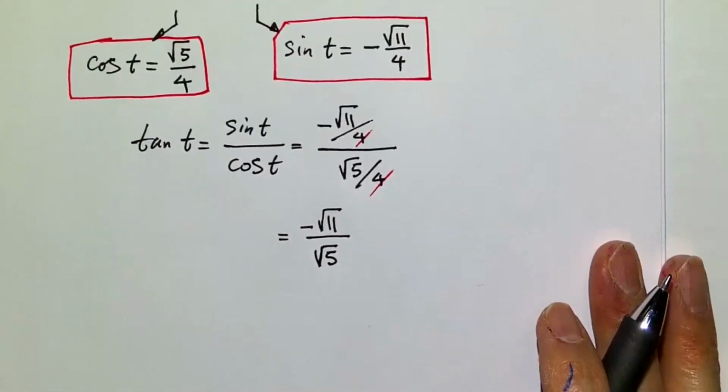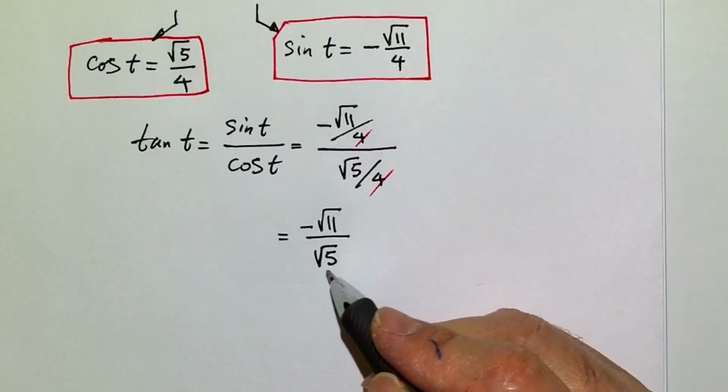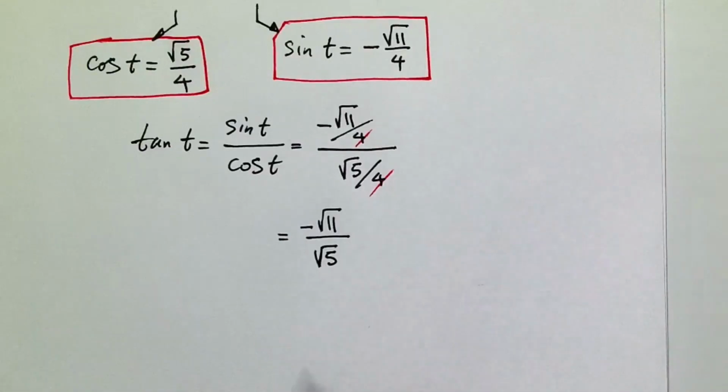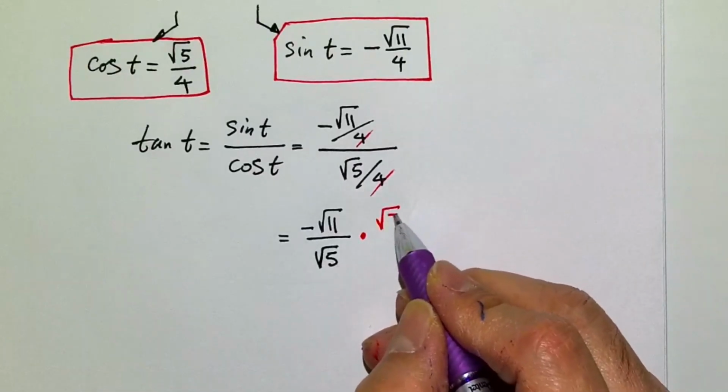As before, we don't want to see radical expressions in the denominator, right? So let's rationalize this by multiplying the numerator and the denominator by square root of 5.